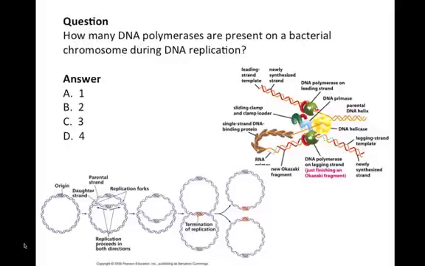Yes? Can you explain that? Sure. Can I explain that again? I will, because probably more people than just one want that. So you've got one origin in bacteria, right? Everyone follows that. And so that's what you see here. And so as it opens, you're going to have one replication bubble, which contains 2 replication forks, one moving in either direction.